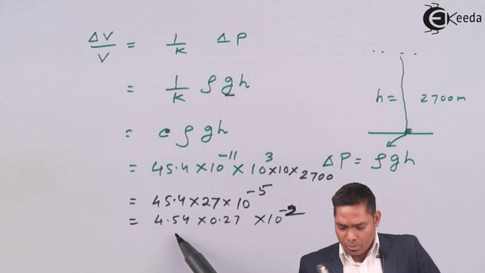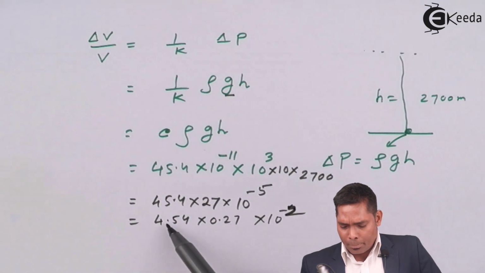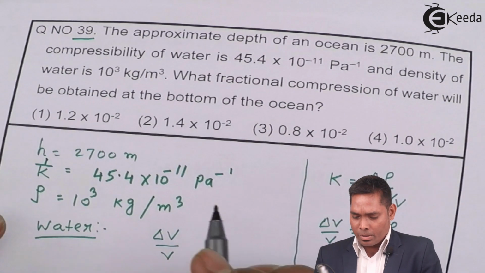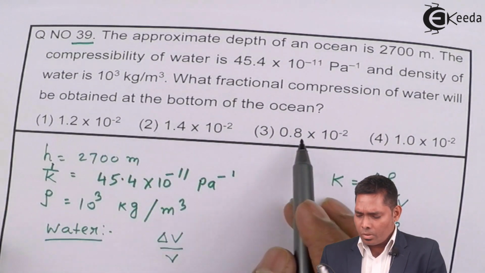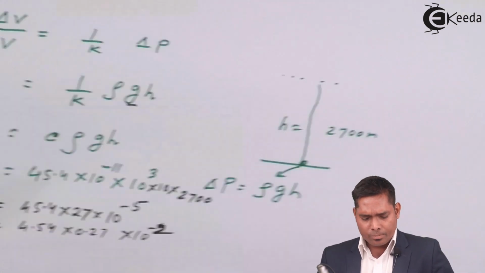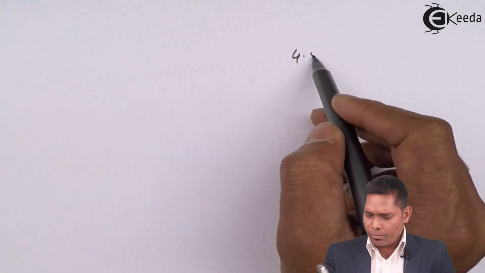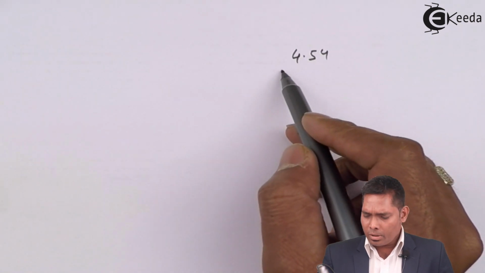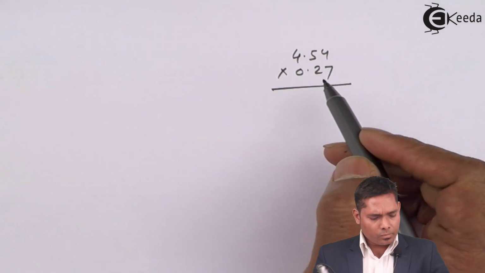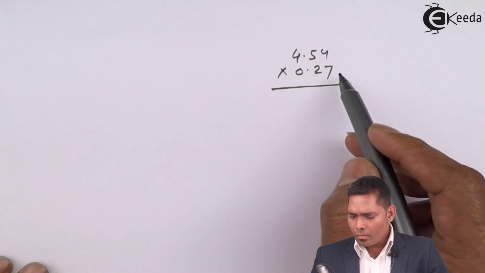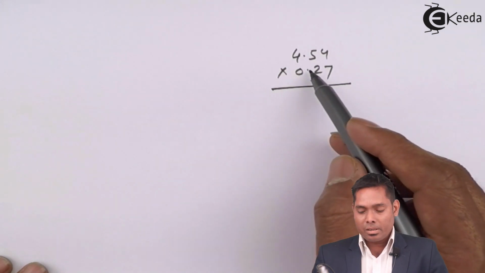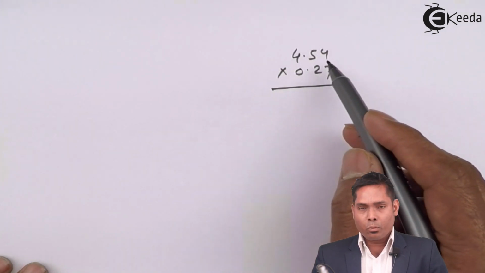Now this I have to multiply approximately, because these numbers are very close. If I multiply that, the number is 4.54 multiplied with 0.27. Okay, this is the case. So what I will do is I will not consider the decimals. I'll just multiply and shift 4 digits.